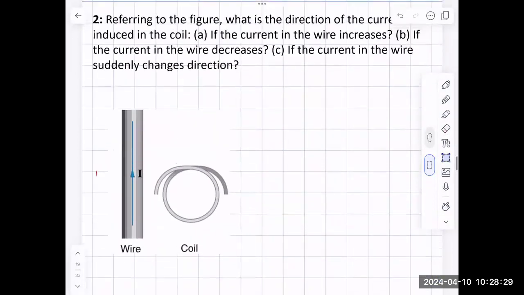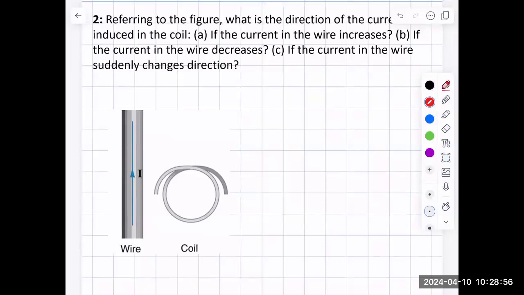Okay, good. So here's a similar problem. The only thing that's different is that instead of having two coils side by side, we have a long straight wire carrying some current I and a coil to the right. So let's figure out the magnetic field due to the current in the wire.